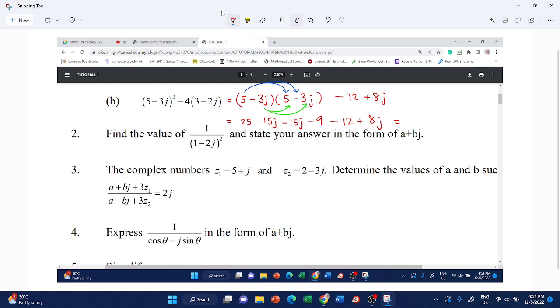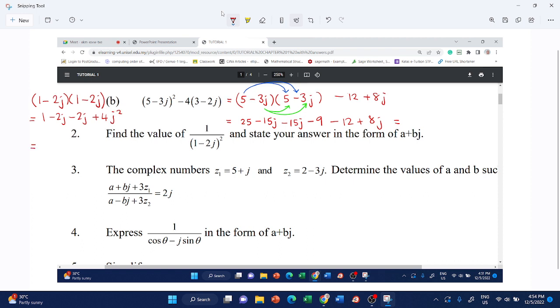When you expand it, you have to multiply out. Power 2 means you are multiplying with the same term. So we have 1 minus 2j minus 2j plus 4j squared.